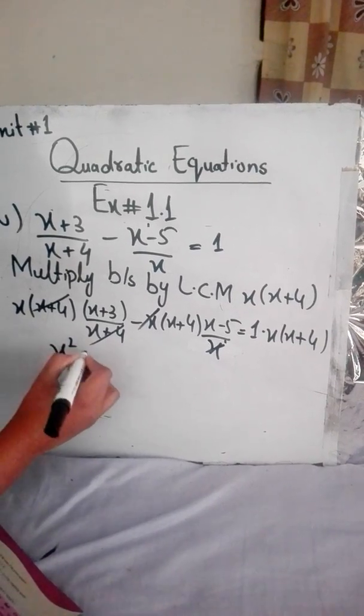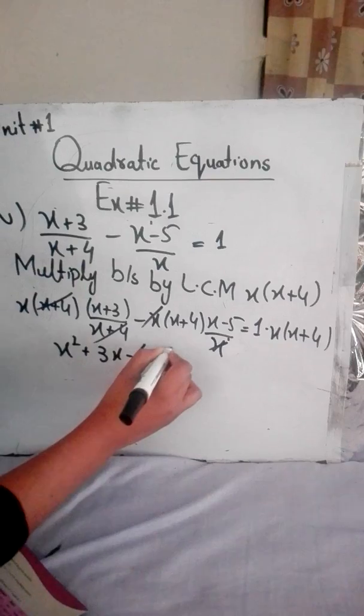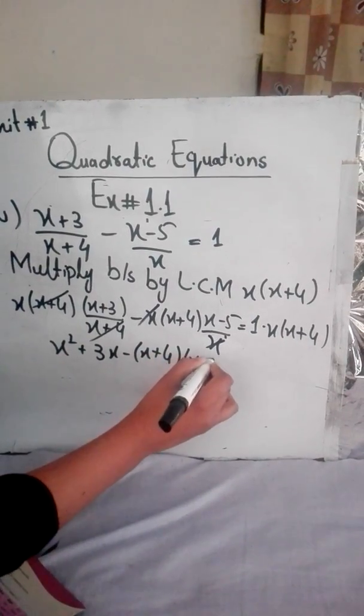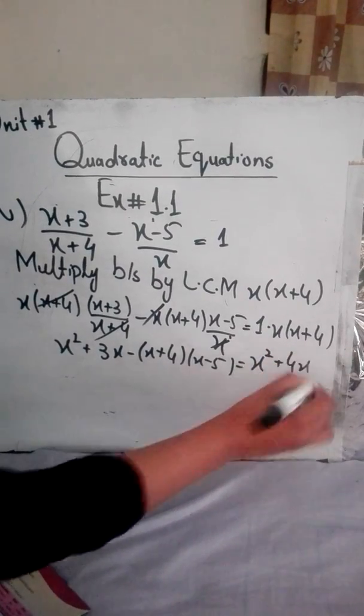x when multiplied by x plus 3 will become x squared plus 3x, minus x plus 4 times x minus 5 is equal to x squared plus 4x.